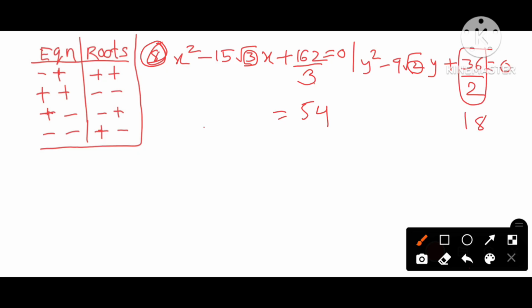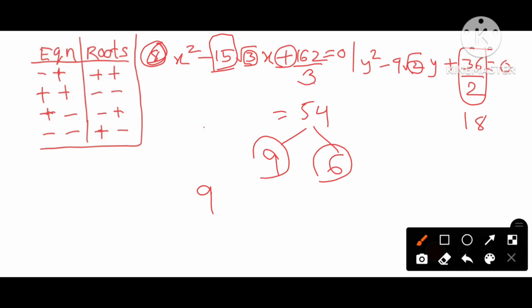Now we need to find the factors for 54, and the sum of the factors we need to get the value of 15. Then the roots will be 9 and 6, since 9 times 6 is 54. The sum of these two roots, 9 and 6, gives the value of 15. So the roots we have are 9 and 6.